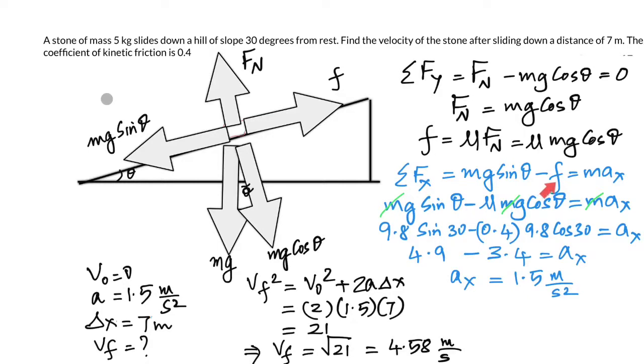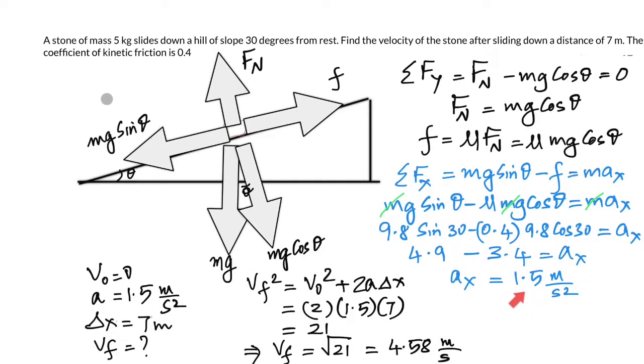So in place of friction, I've substituted mu mg cosine theta, which is equal to max. Now since mass is there in all the terms, you cancel that out. You substitute the values carefully. You see the mu there, g cosine 30 is equal to ax. When you do the calculations, you get ax is 1.5 meters per second squared.